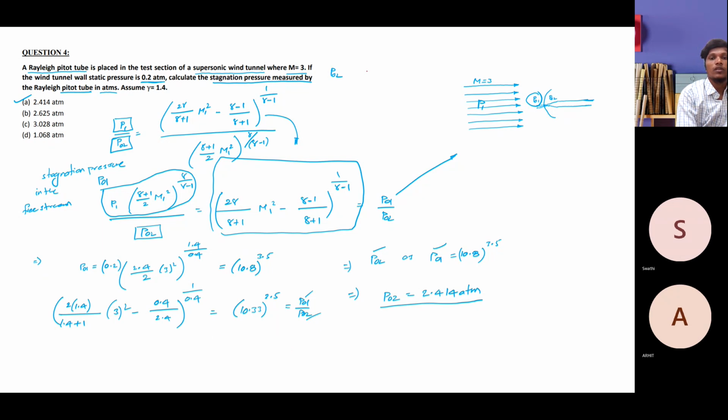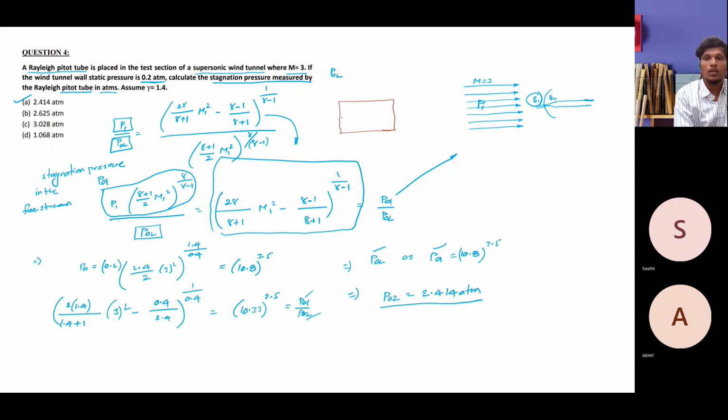If you are doing any test section, say consider this is the test section that you are trying to investigate, the properties of a fluid that is passing through this test section are more or less uniform. We always try to generate a uniform flow in the test section to test various kinds of objects, whether it's a cylinder, wedge, or aircraft, anything.